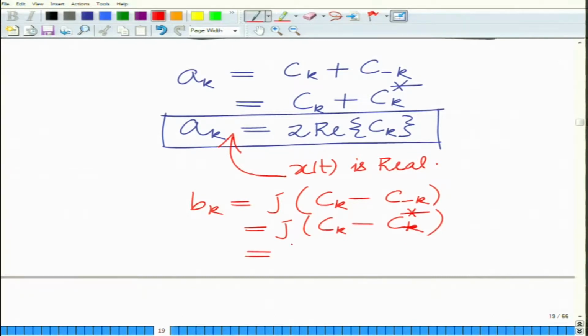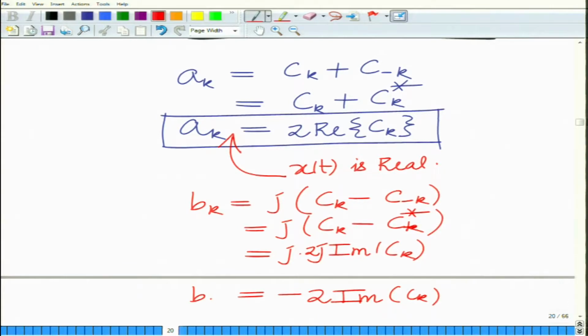So, ck minus ck conjugate equals j times twice j times the imaginary part of ck, which is minus twice the imaginary part of ck.